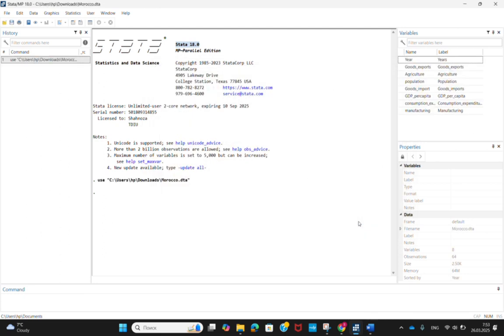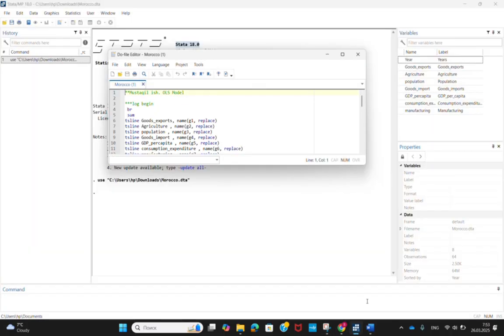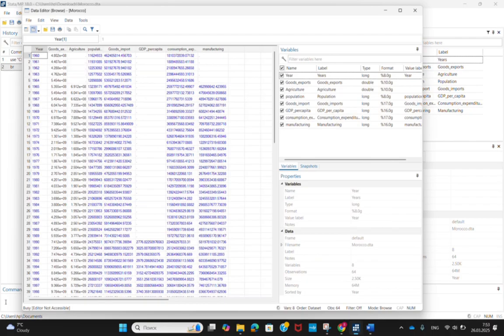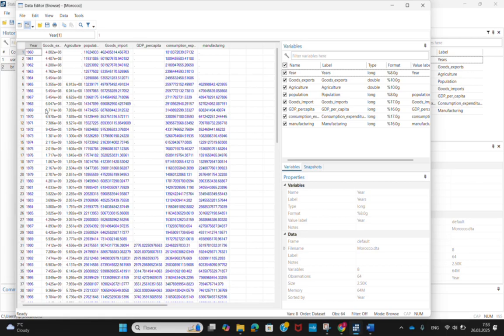Here it is, and these are my variables, and here is my do file. Let's say the browser. Yes, Stata can read all data.